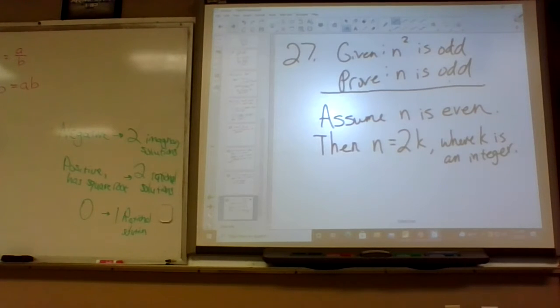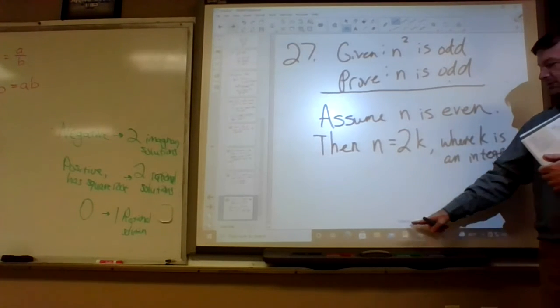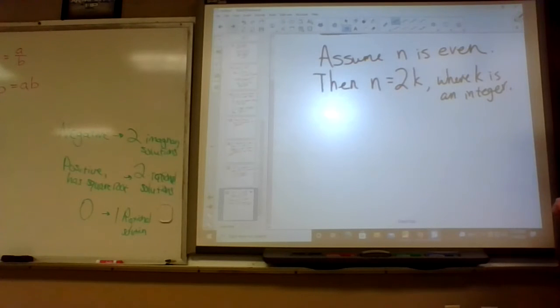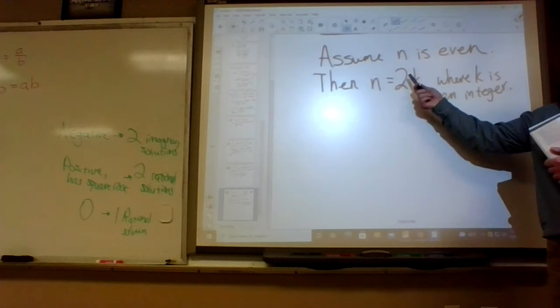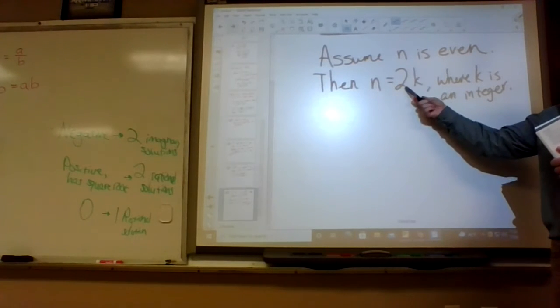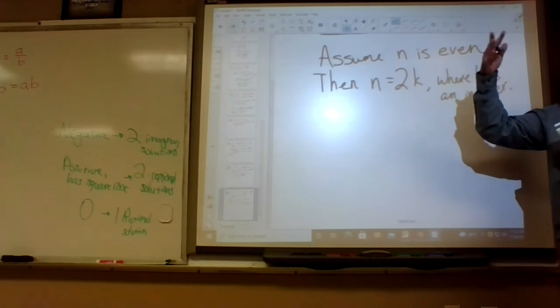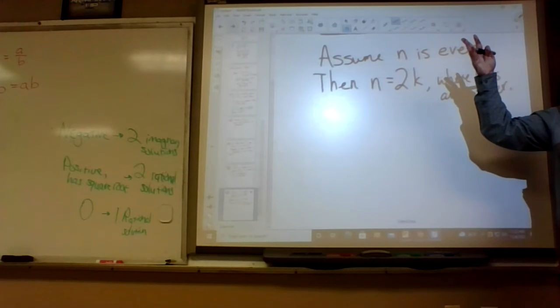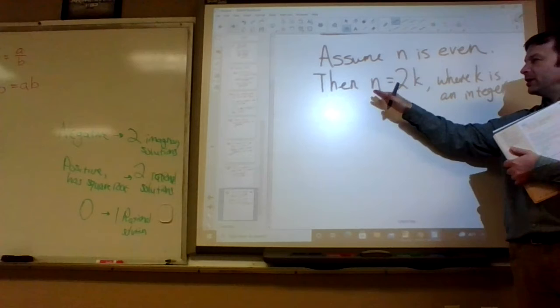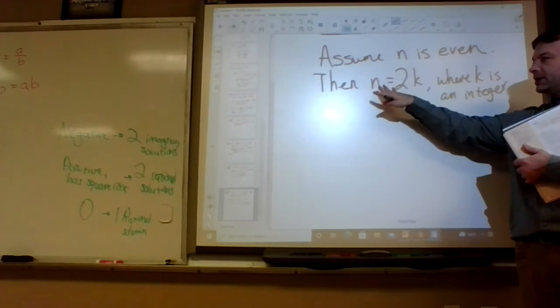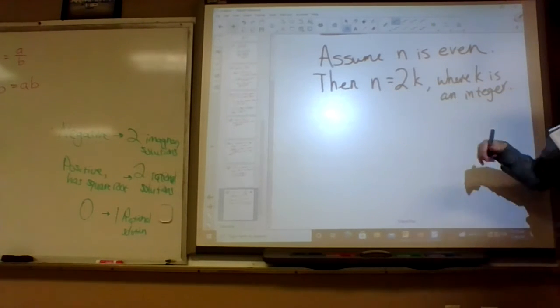No, we have not reached a contradiction yet. All I've said is n equals 2k. Does this make sense? If n is an even number, then it's 2 times something else. Think of any even number: 20 is 2 times 10, or 100 is 2 times 50. n is some even number, 2 times something. Okay.